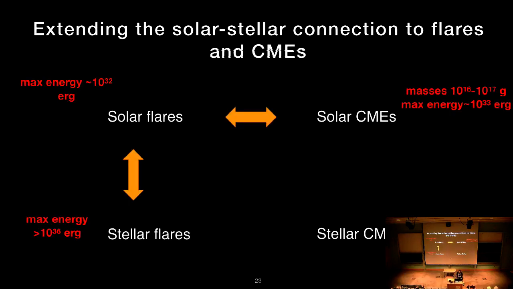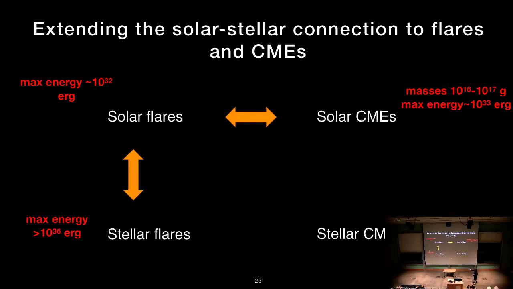So I like to picture this as a little rectangle. You've got the sun, its flares and CMEs up here. There are very definite scaling relationships between the flares and CMEs on the sun. There are also solar and stellar flare relationships, which I talked to you about a little bit earlier.